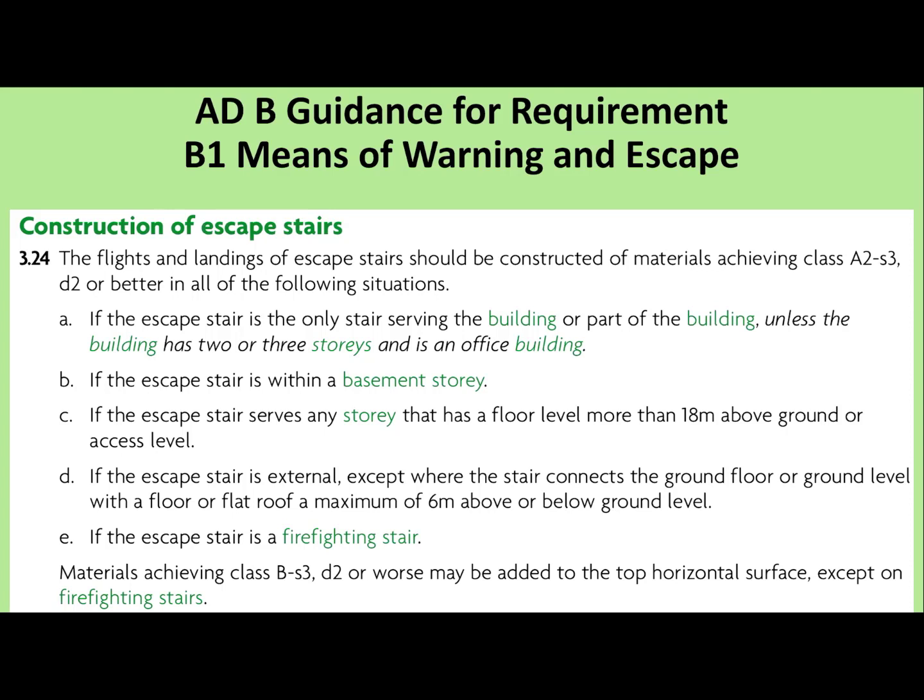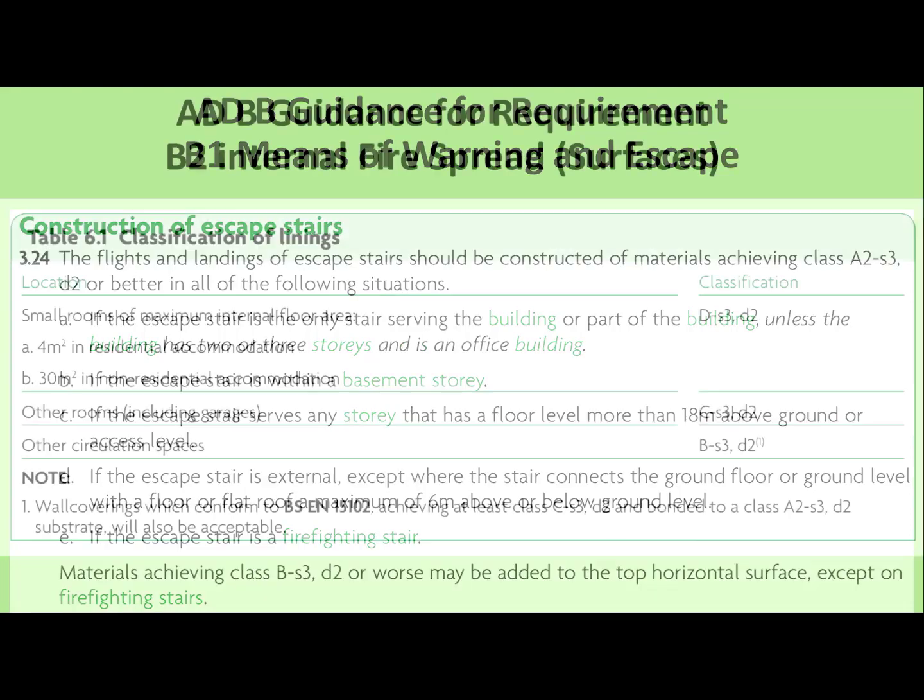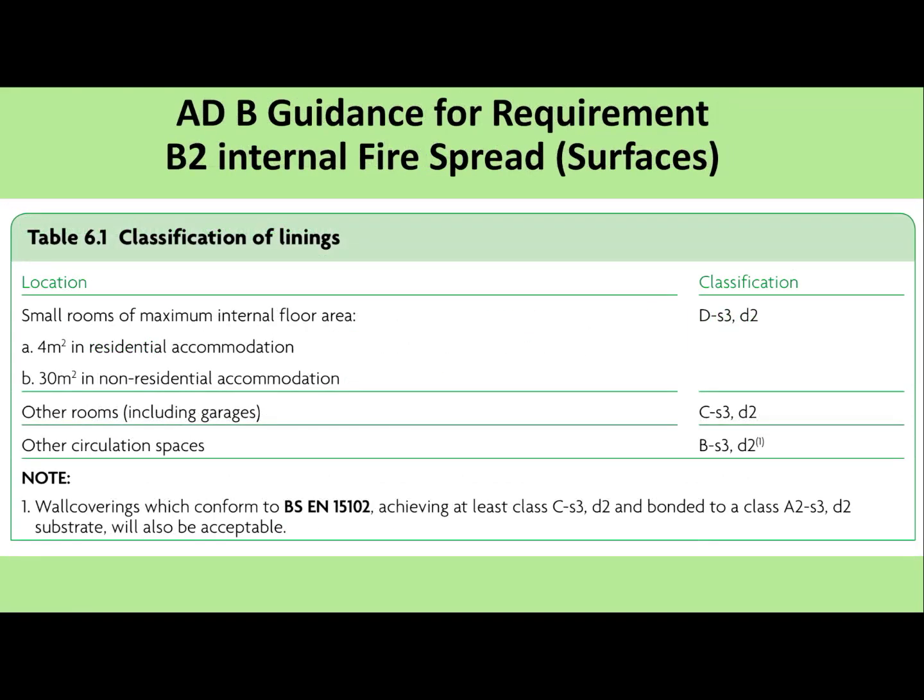Remember, the S3, D2 is not controlled, because we always have the worst classification quoted. Going to the bottom of the page, the treads must not be less than class B, and again S3, D2, worst classification for smoke and droplets. So that's one example.